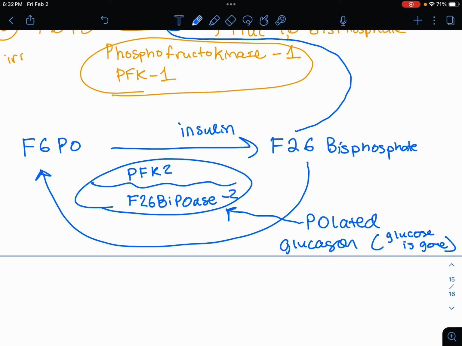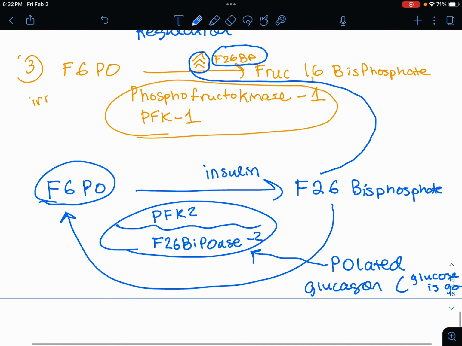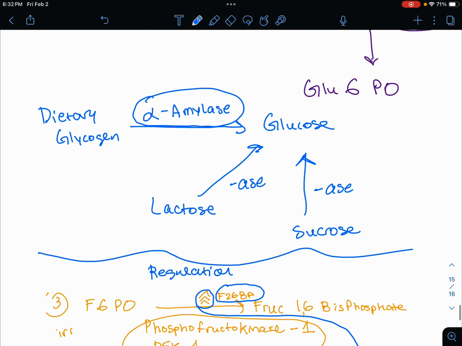So glucagon, and when this F2,6 bisphosphatase is phosphorylated, this is going to actually change it back to fructose 6-phosphate. That's regulation. All right, those were the steps in glycolysis.